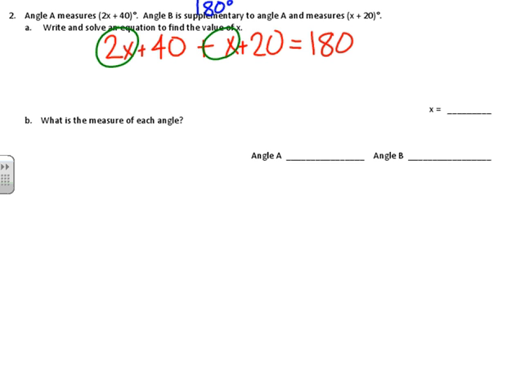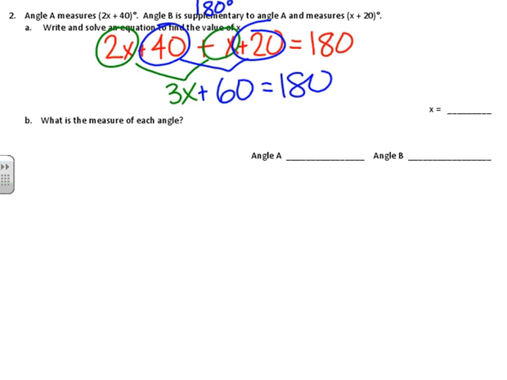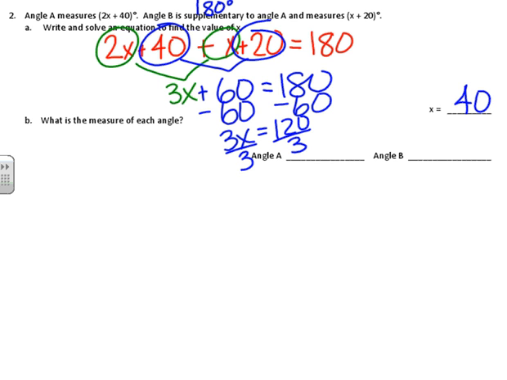So 2x plus 1x is 3x. 40 plus 20 is 60. And that's equal to 180. So continue solving. We get 3x equals 120. And so x has to equal 40. Now it's okay if you don't put your degree sign on the 40 because this just represents what x is. We'll make sure to put our degree sign when we get down to the angles.